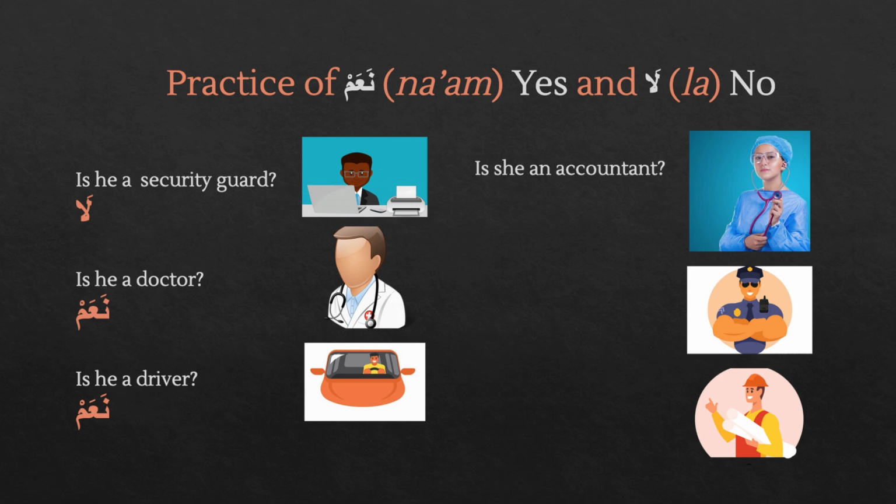Is she an accountant? لا. She's a nurse. Is he a manager? لا. He's a policeman. And last one here, is he an engineer? نعم. He is an engineer. So yes is نعم and no is لا.